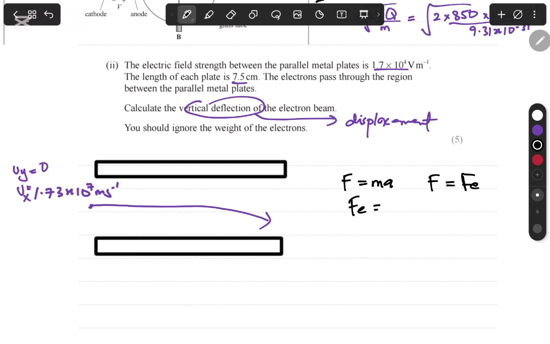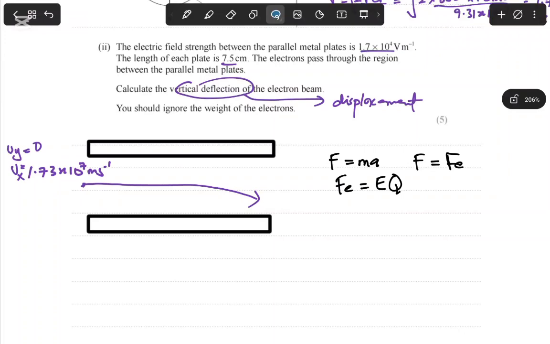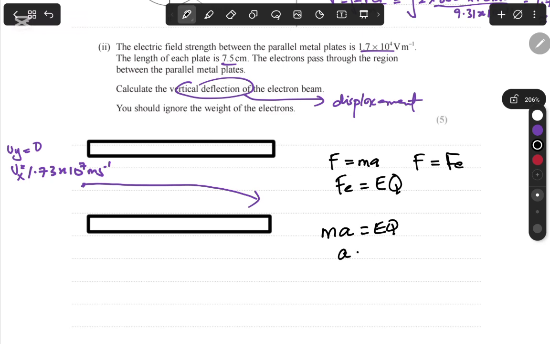And the electric force is equal to the electric field strength times the charge. So we can equate the resultant force with the electric force, so ma is equal to Eq, and then we can make acceleration the subject, so we'll get Eq over m.